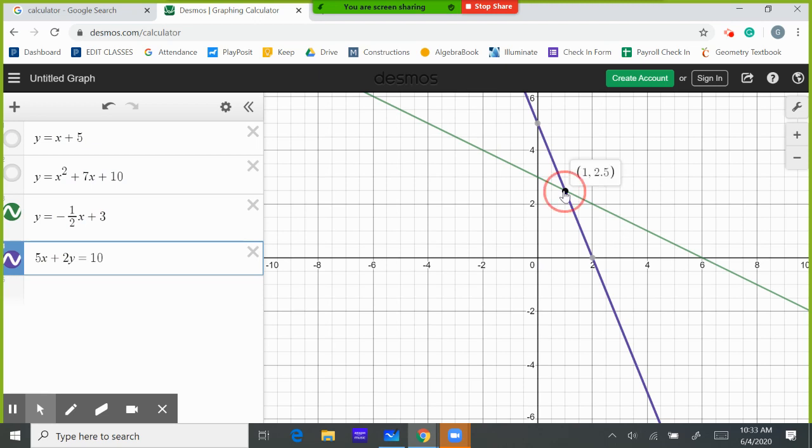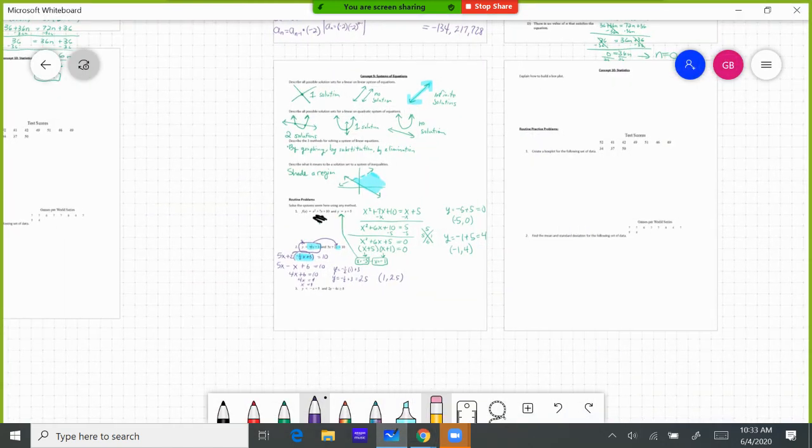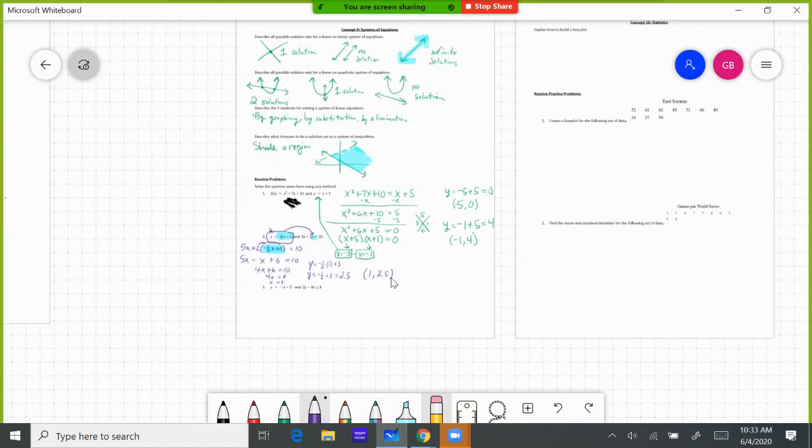And we see here that it intercepts at 1, comma 2.5, which is what we got here.